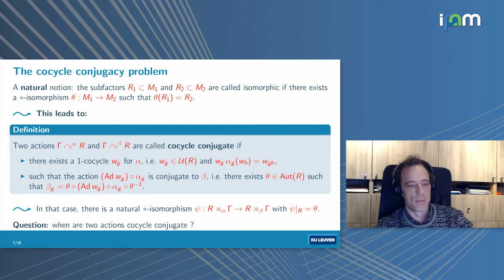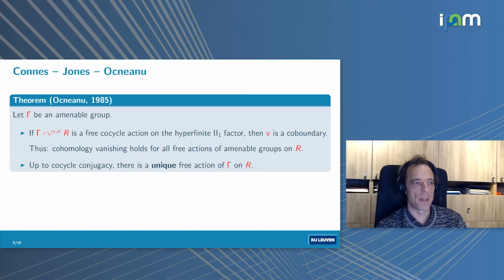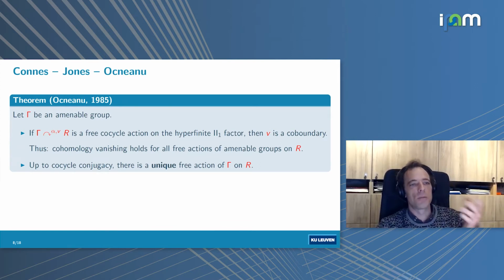And both this cohomology vanishing question and this cocycle conjugacy question are actually extremely hard and subtle questions. So the work of Connes, Jones, and Ocneanu has been mentioned by Stuart. And so the ultimate result, before I tell what Connes and Jones did before, is the theorem here by Ocneanu.